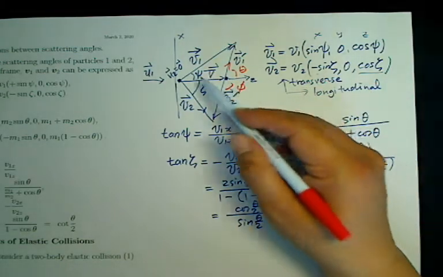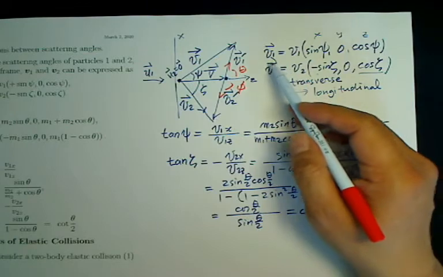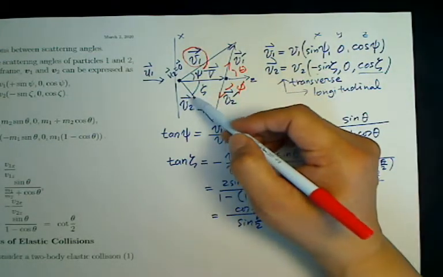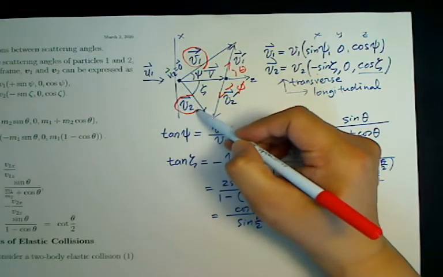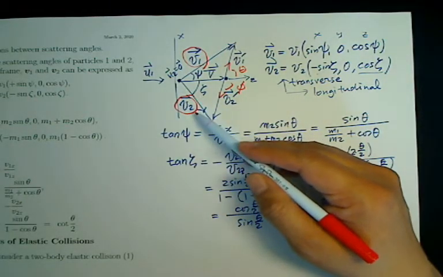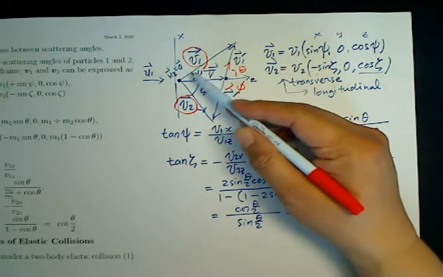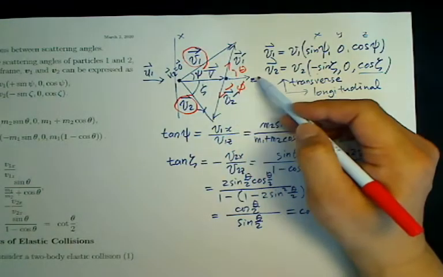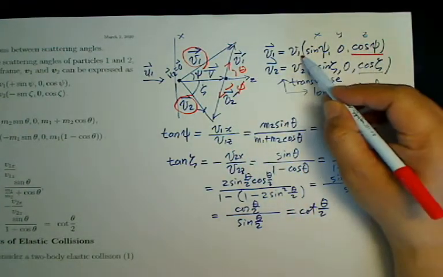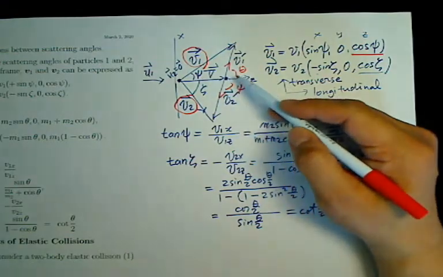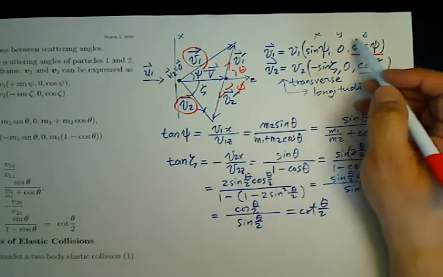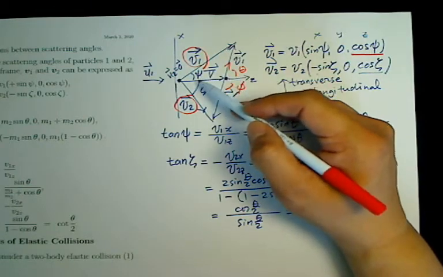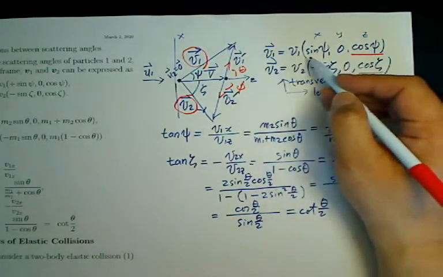Anyway, from this we can write the final velocity of the incident particle and the final velocity of the target particle, by making use of the scattering angles psi and zeta. This is the z direction. The z component is v1 cosine psi, and the x component will be v1 sine psi.